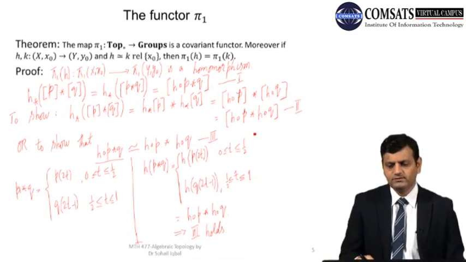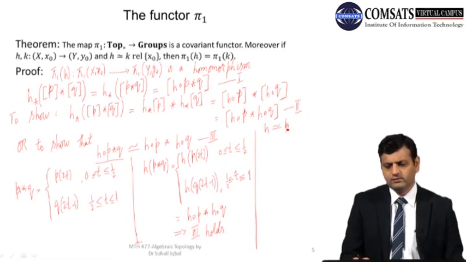Now we have to show that if h and k are homotopic, and this homotopy is relative to x₀, then π₁ of h is equal to π₁ of k.